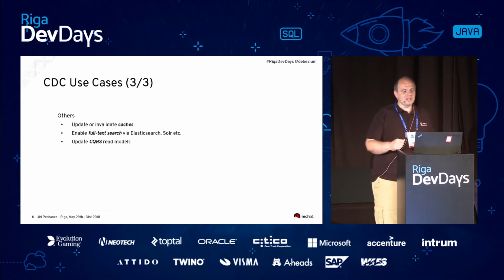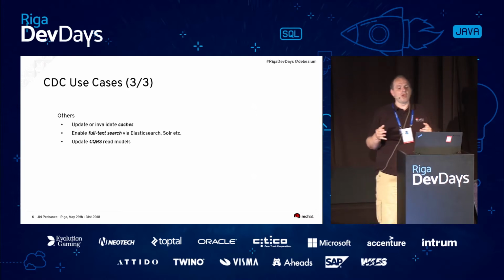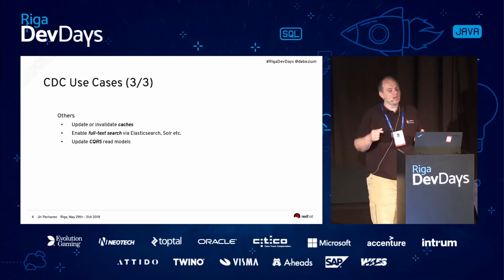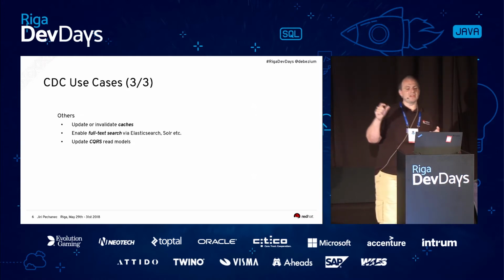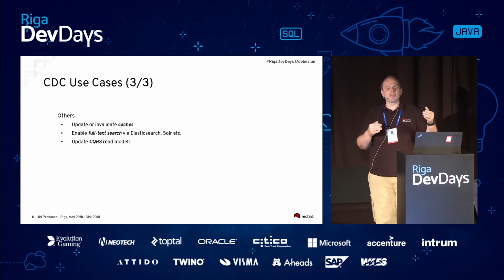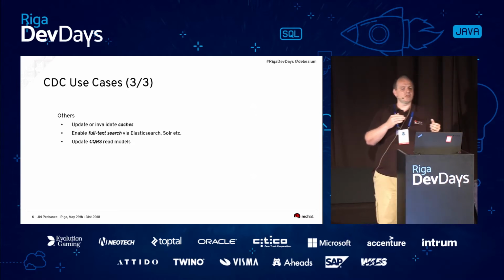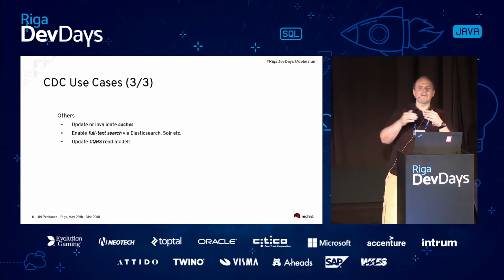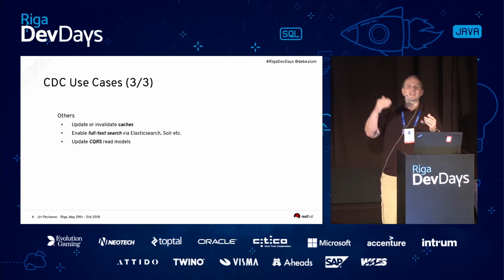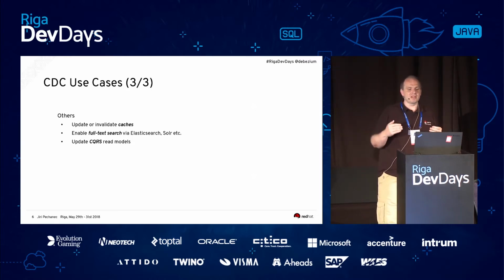And the last but not least is one of the modern principles of architecture of application development: using command query responsibility separation, where you have an input of commands that modifies the internal state of the application, and you have a model that represents the state of the application that is read and presented outside of the application.